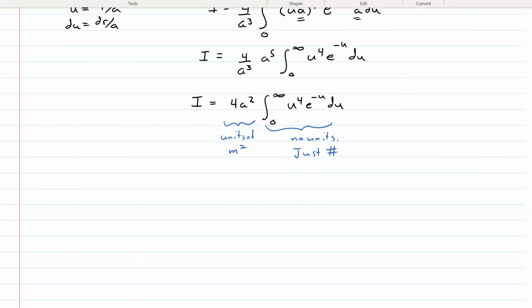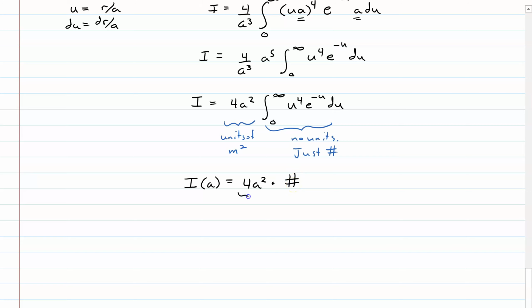And so I know for sure that when I go through my calculus techniques of evaluating this integral, my I, remember it depends only on a, is going to be equal to 4a squared times whatever that number is. It's just a number. So all my physics is here. And then I got to do math to figure out what this number is.